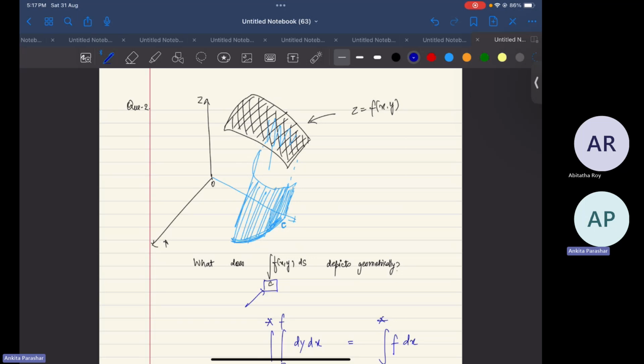And the other question was that if I parameterize it in several ways, finding the area by one parameterization and finding this area by another parameterization, do they have any relation? Are they the same or are they different?